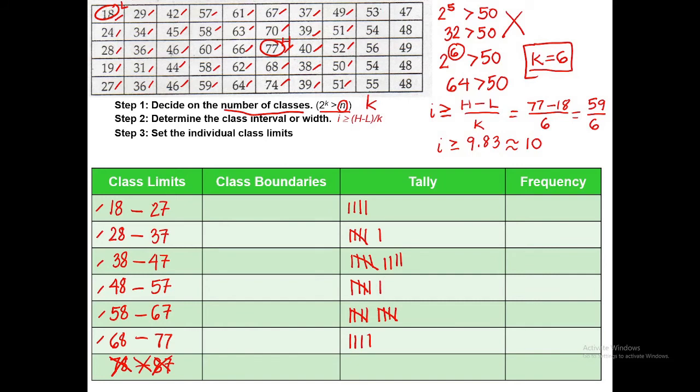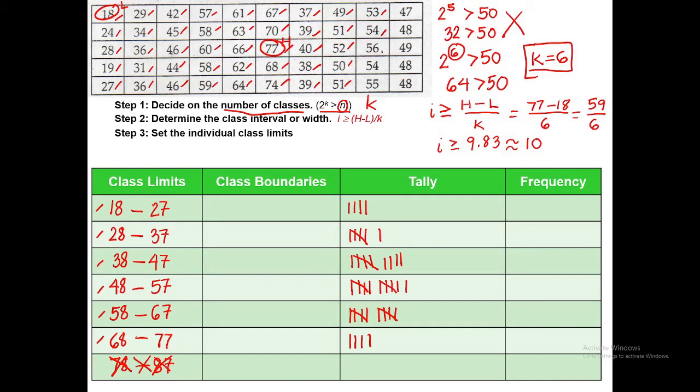And let's have 53. Where is 53? It's over here. 54 is here. 56 is still here. 54 and 55.